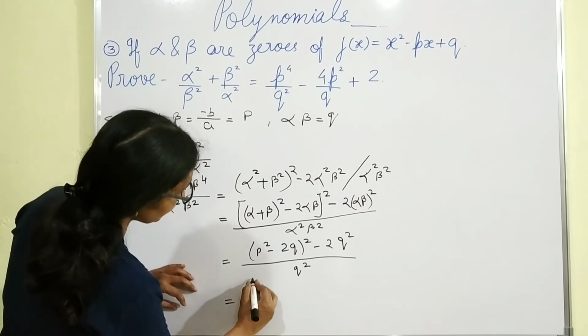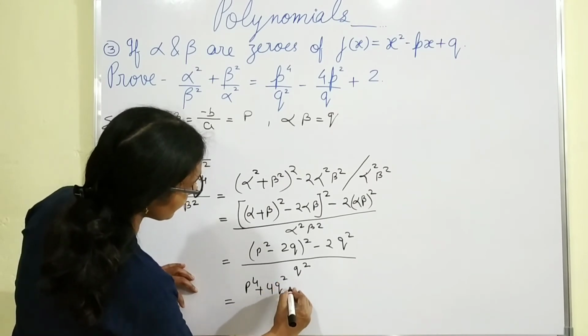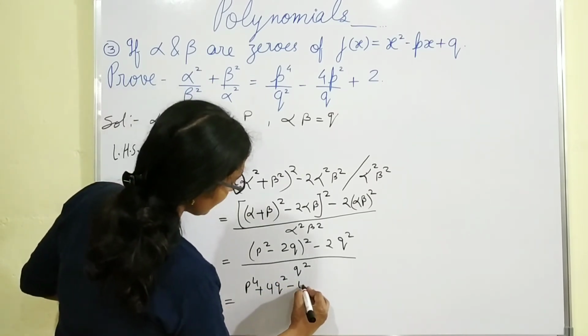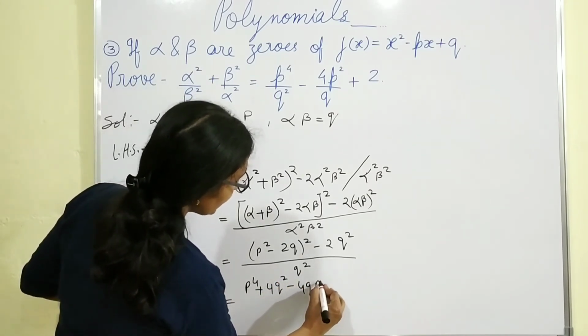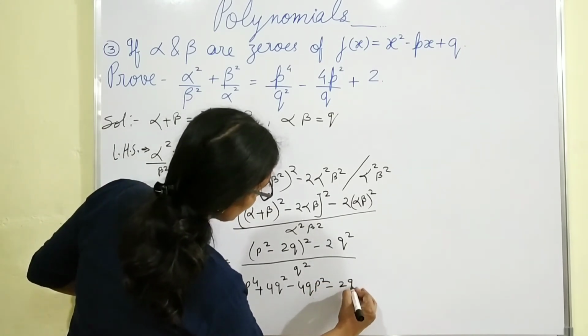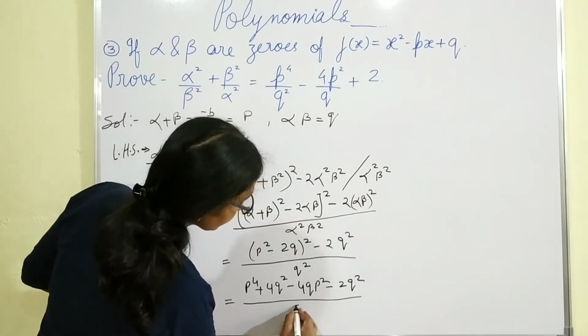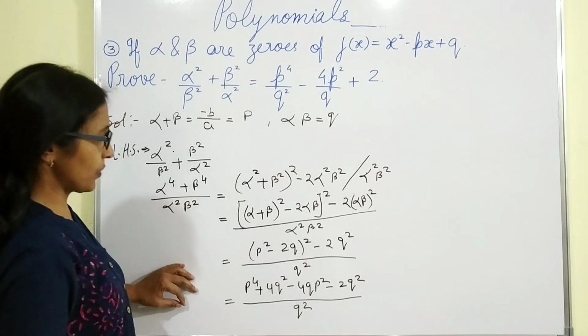So it will become p power 4 plus 4q square minus 2 into 2, which is 4q p square, minus 2q square, whole upon q square.